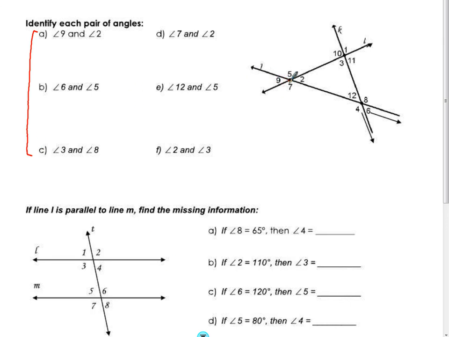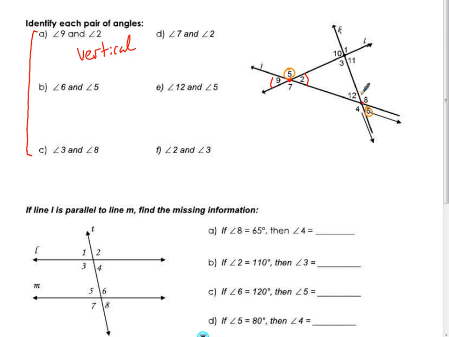6 and 5, here's 6, and here's 5. Since they share this line, look where the two lines intersect, this is the line they share, that's my transversal.